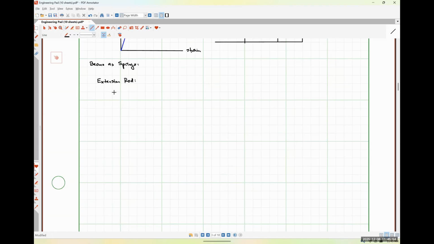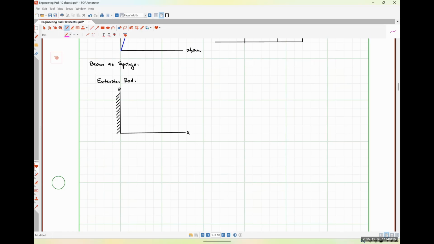So defining my coordinate system, here's my Z direction, here's my X direction, and this surface over here, this plane, is going to be the anchor point of my system, right?